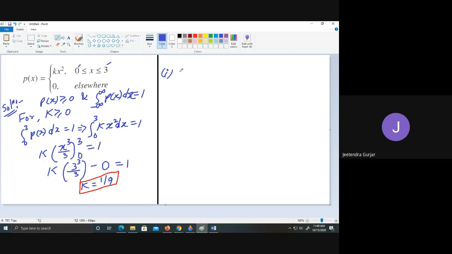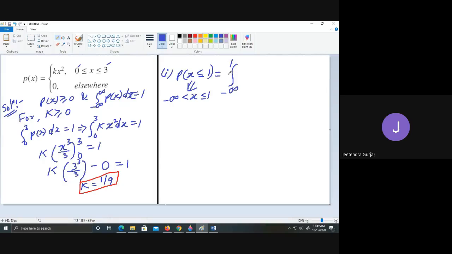So I will show you only one case. What does the case say? The first one, p of x greater than or equal to 1. The integration is from minus infinity to 1. Is it clear? Here the lower limit is not given, so we have to take minus infinity.